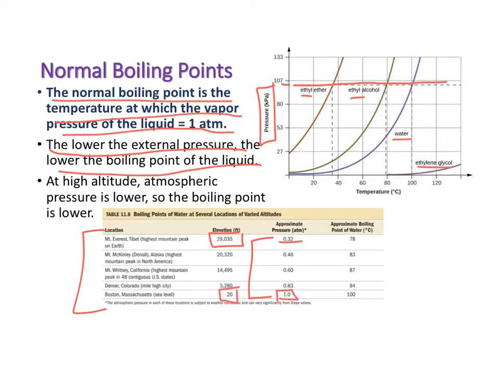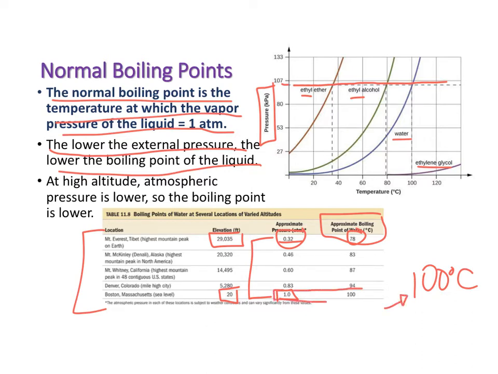Now look at what this does to boiling point. At the lowest atmospheric pressure, we have a boiling point for water of 78 degrees C. Now we know that the standard boiling point of water is 100 degrees C. So what's happening here? At 1 atmosphere is whenever we have this specific boiling point.